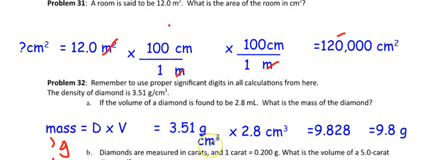And notice that cubic centimeters are on the bottom. Put cubic centimeters on the top. That's my volume, isn't it? So density times volume. The cubic centimeters cancel out, leaving you grams, and that is the unit of mass. And so here is my work. Why don't you go ahead and do the next 2 problems, pause this, and see how you do.